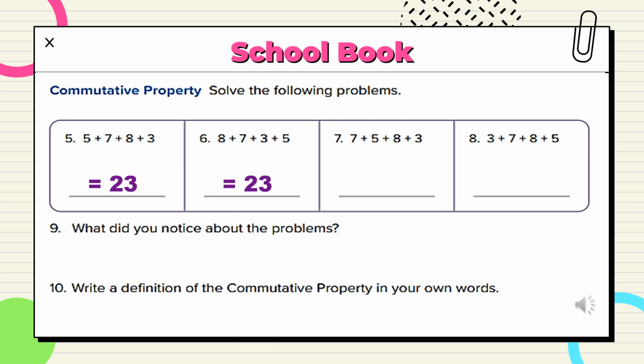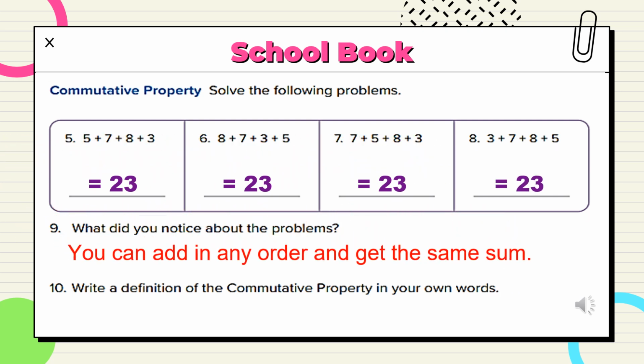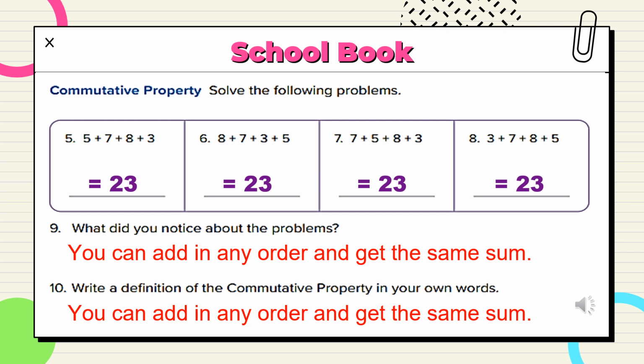In number 7 here, we also switch the addends, and we get the same answer. Number 8 equals 23. So we note here we can add in any order and get the same sum. So commutative property means we switch the addends and the sum will not be changed.